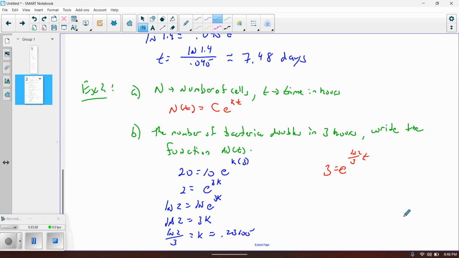All right, so both of those two things have been indicators of exponential growth. If you want something to have exponential decay, the main thing that's going to happen is that your k value is going to be negative, because positive growth, k is positive. Negative growth or decay is going to be negative.